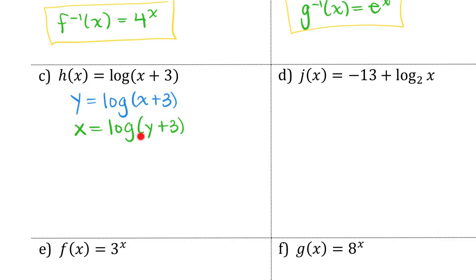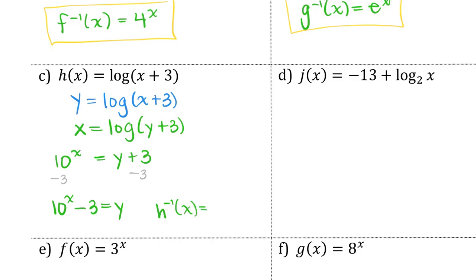The base is what? 10, because this is a common log. So 10 to the x equals y plus 3. I want to solve for y, but I still have this extra plus 3, so we're going to subtract the 3 to the other side. Then I'm going to relabel this because this is the inverse of h. So h inverse of x equals 10 to the x minus 3.